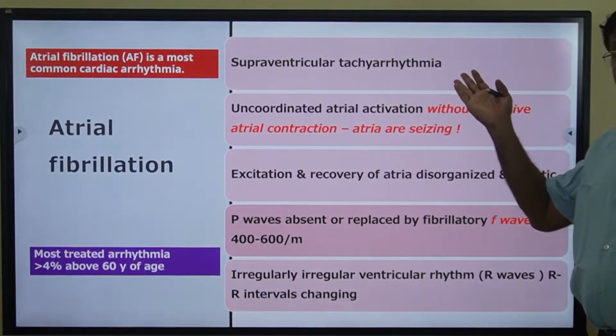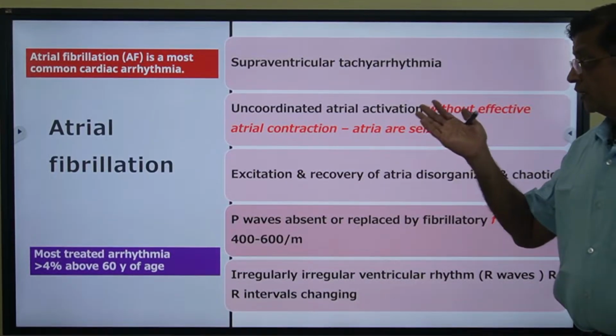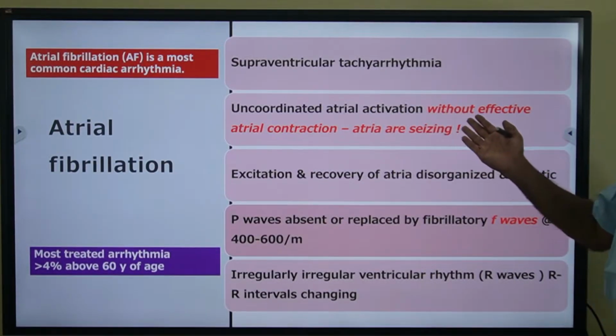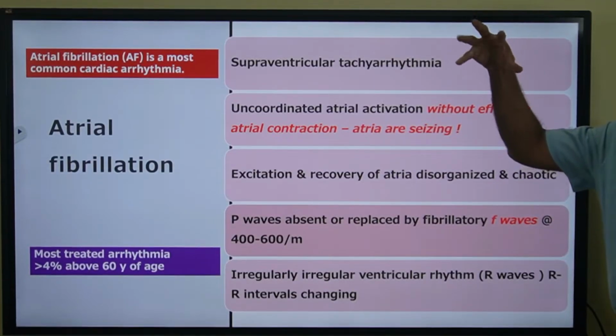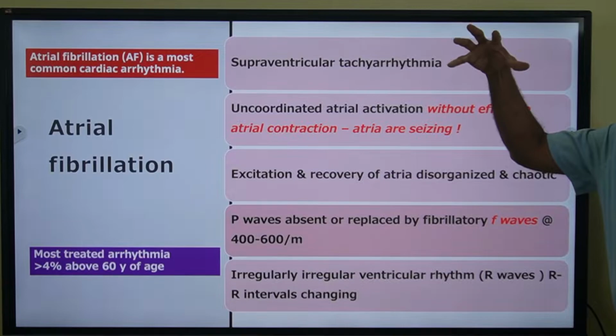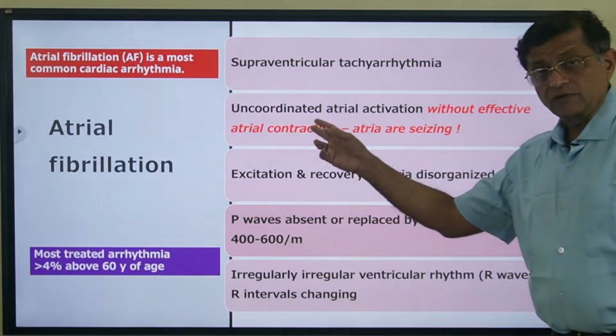It is a supraventricular tachycardia, and the characteristic feature is uncoordinated atrial activation without effective atrial contraction. The atria are not contracting, but they are just seizing, as if the atria are having epileptic foci. So there is atrial seizing, there is no effective atrial contraction.